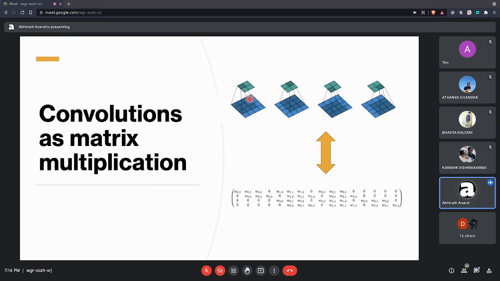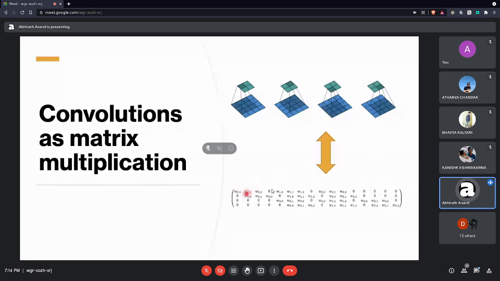All right, you can see this. So now imagine that this is the kernel; these are the elements of the kernel, like W00 is the 0, 0 element of the kernel, and so on and so forth.